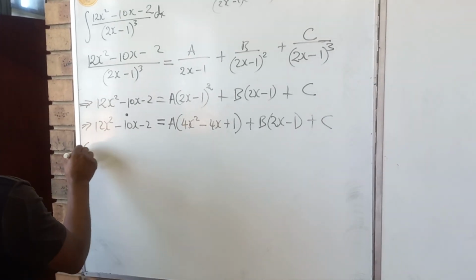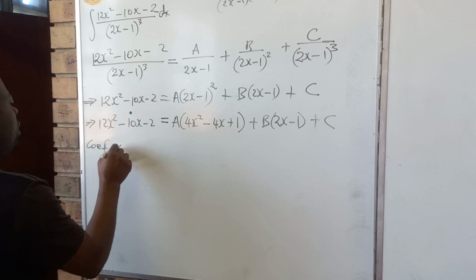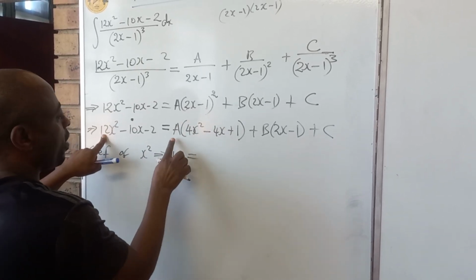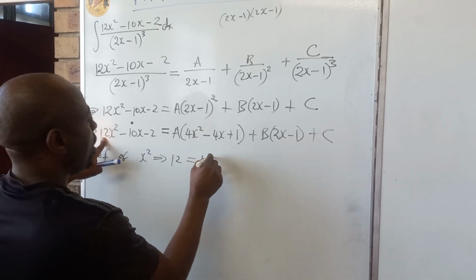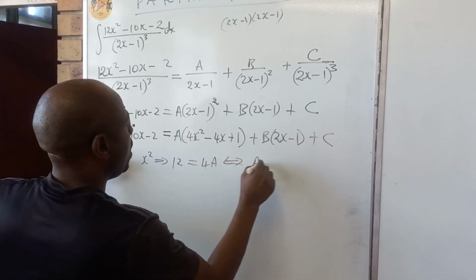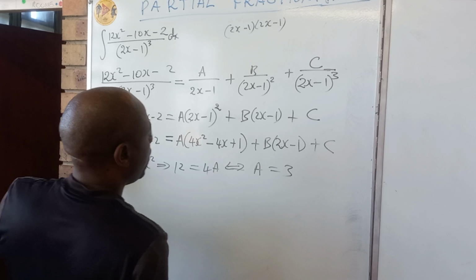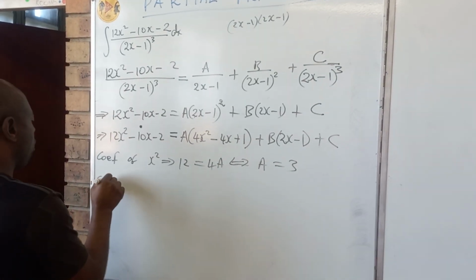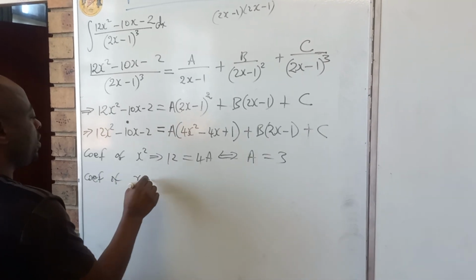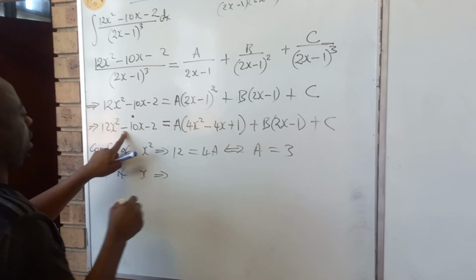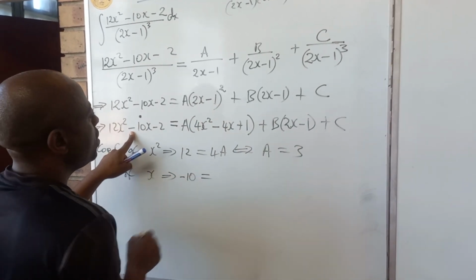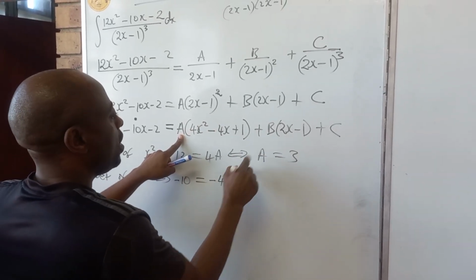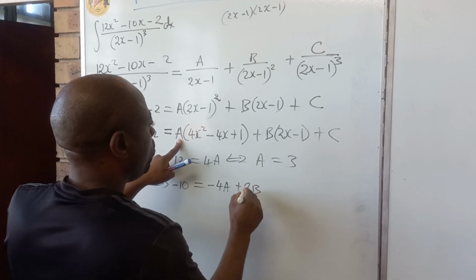So we can now compare coefficients. The coefficient of x squared: on the left, I see a 12. On the right, I see 4A, which tells me that A is equal to 3, that is 12 divided by 4. Then the coefficient of x: on the left, I see a negative 10. On the right, I see negative 4A plus 2B.